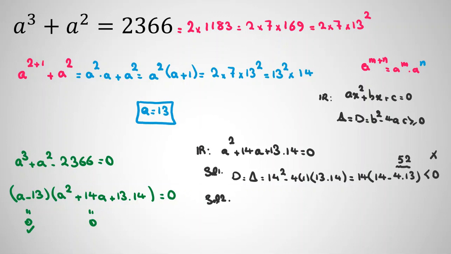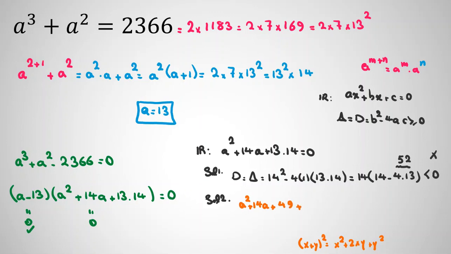Solution number 2: I want to use the identity (x plus y) squared equals x squared plus 2xy plus y squared. So we write a squared plus 14a plus 49.